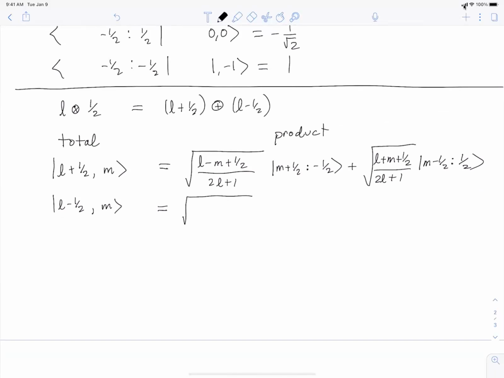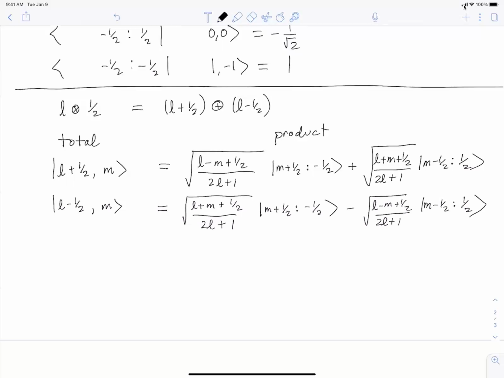So it's just slightly different square roots. But the same two states are involved for a given m. There's the minus sign there: L minus m plus 1/2 over 2L plus 1, |m-1/2, 1/2>. So when I wrote this, I was saying L could be an orbital angular momentum, but of course it could also be a spin.